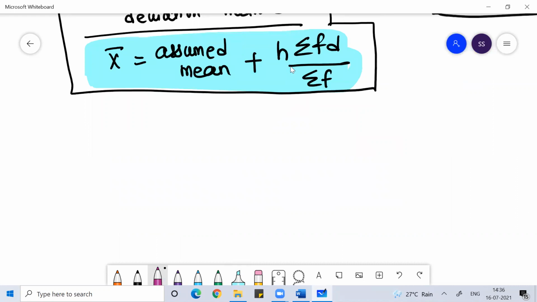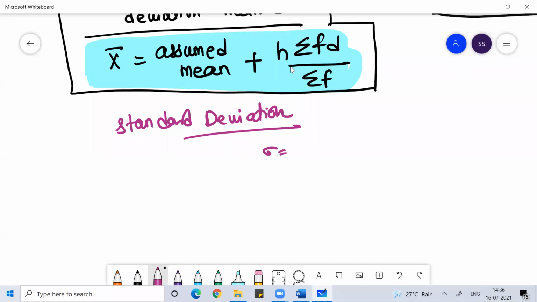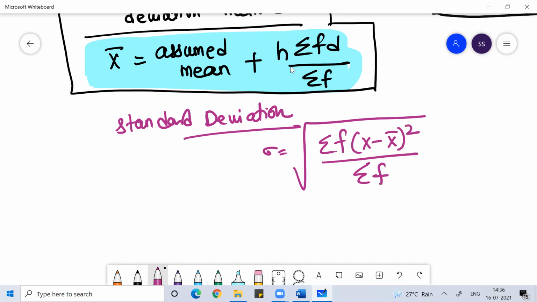Now talking about standard deviation, how we can calculate the standard deviation. You can calculate the standard deviation by the formula: under root of summation of f(x minus x bar) whole square by summation of f.